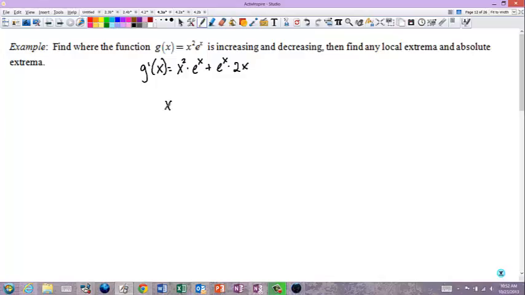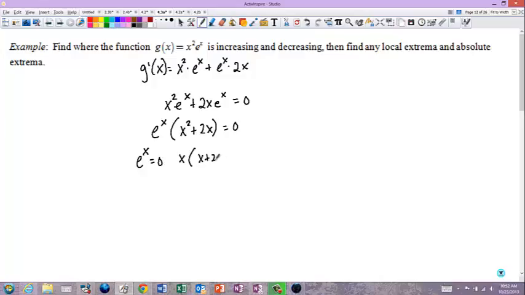So I've got x squared e to the x plus 2x e to the x equals 0. Hey, I can factor out an e to the x and get x squared plus 2x. So zero product property says e to the x equals 0. I can actually take out an x as well. X plus 2.